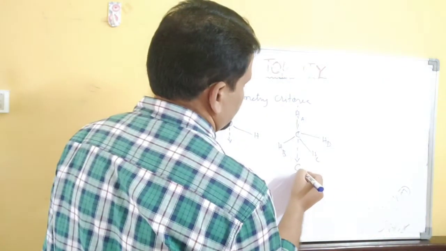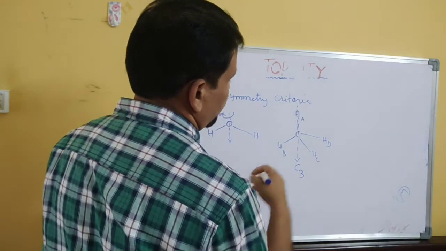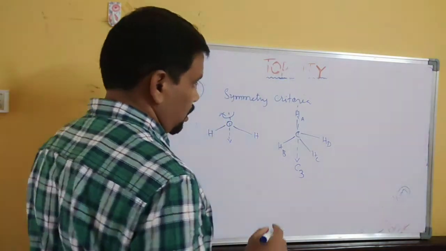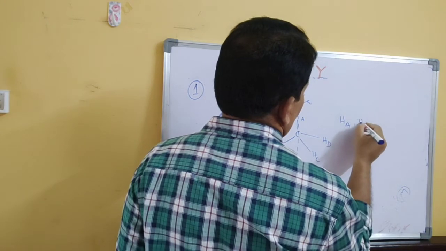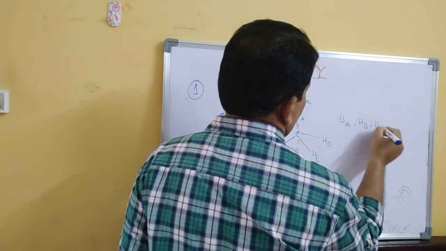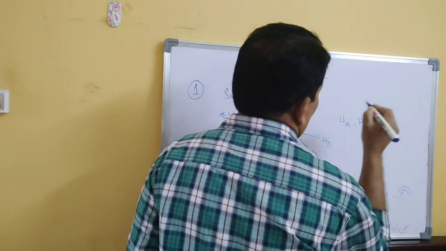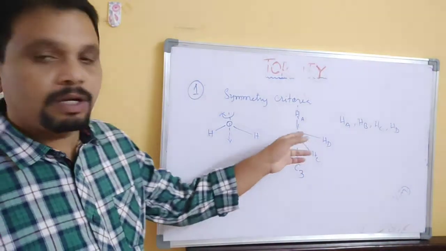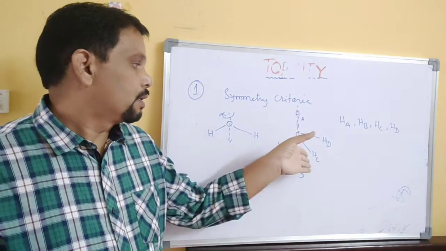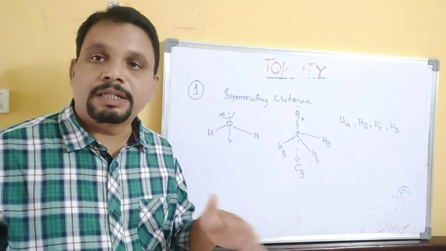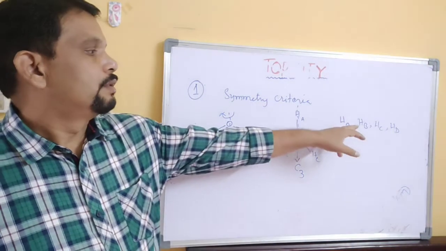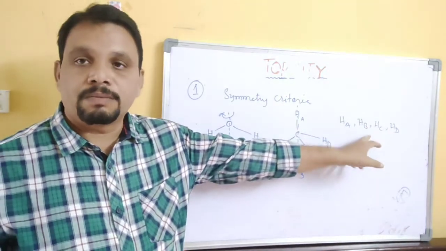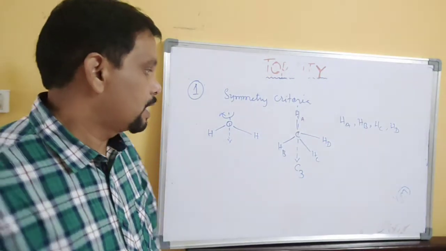All these hydrogens are interchangeable and interconvertible without any difference. Therefore, these groups or atoms are considered homotopic.